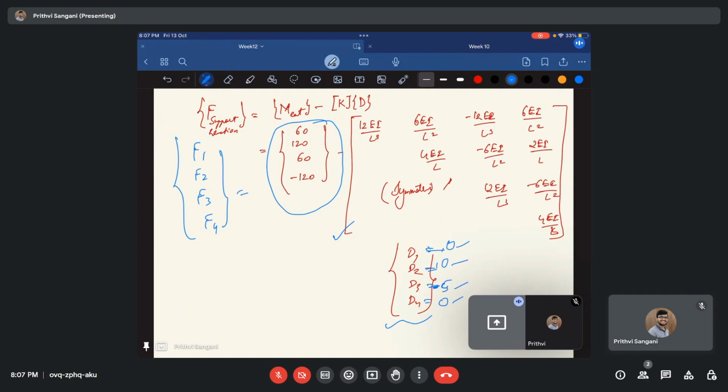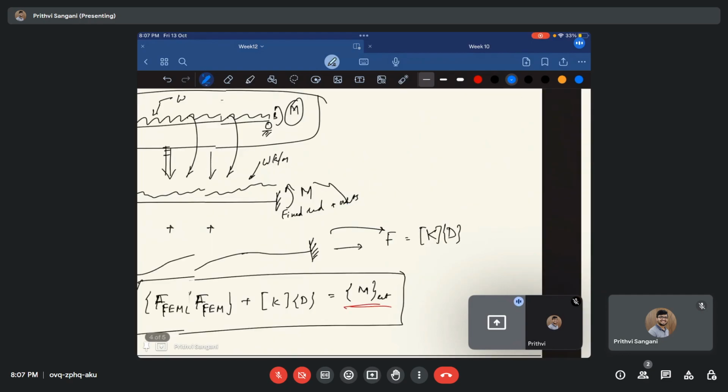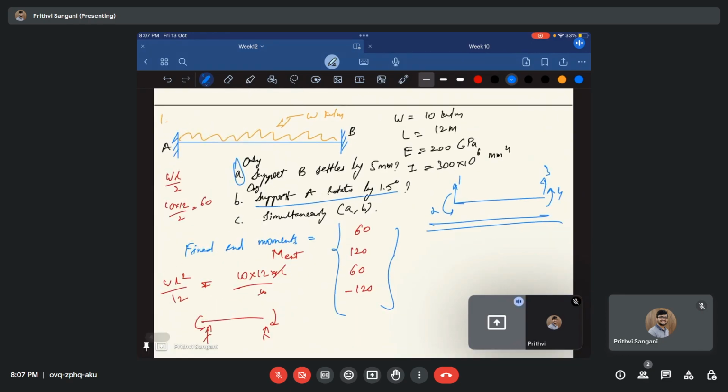Now in question B, what happens? Support A is rotating 1.5 degrees, anti-clockwise.